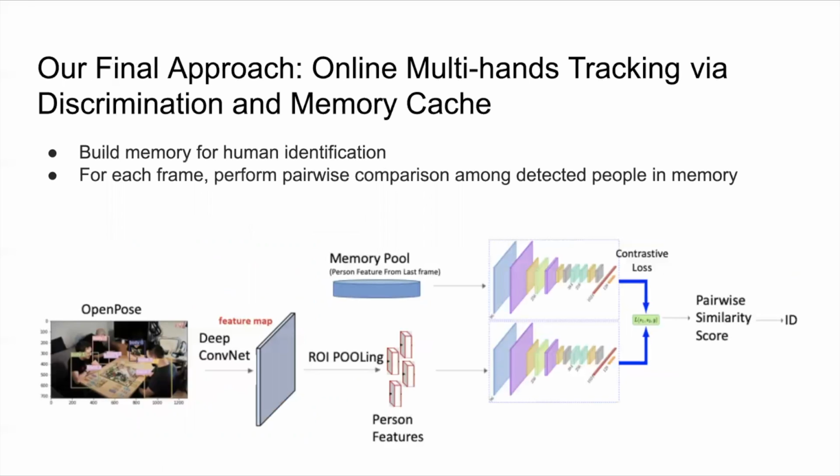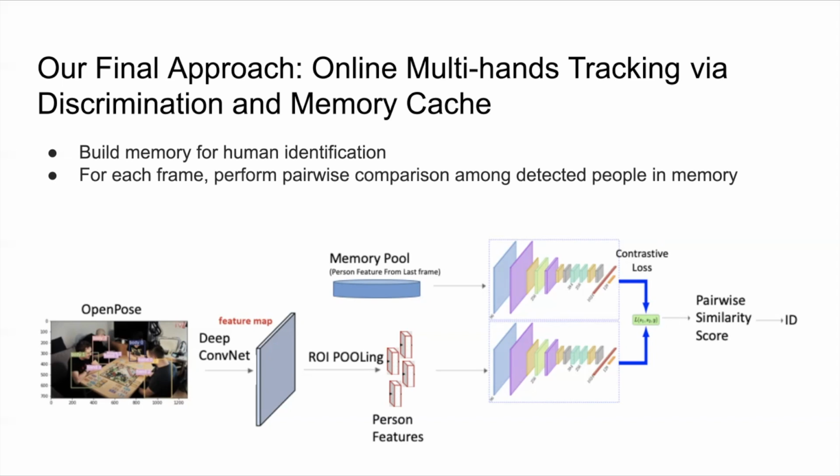So this is the overview of our final approach. We use a memory pool to save the human features with IDs from the past few frames. Then for each human detected in the new frame, we do a pairwise comparison with our memory, then assign an existing or a new ID accordingly.